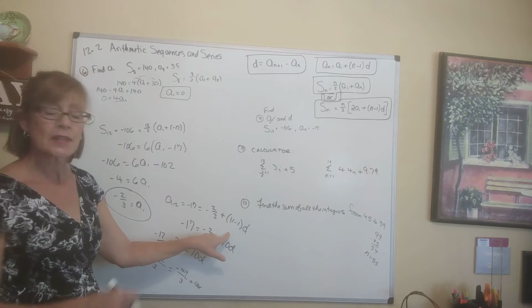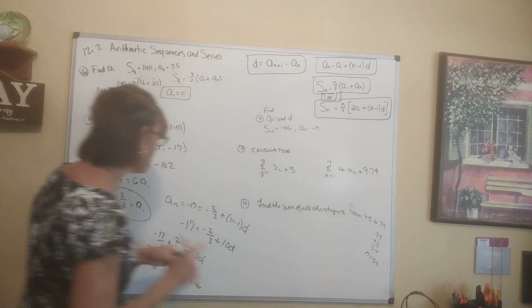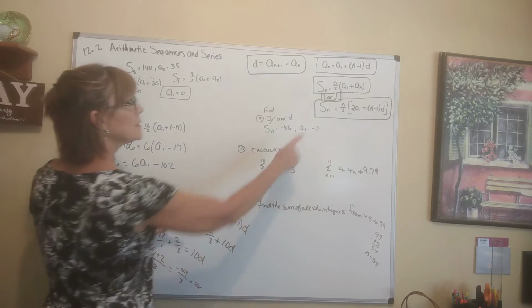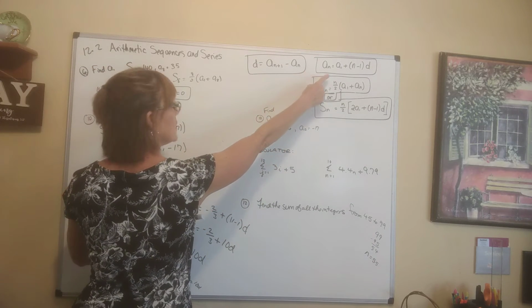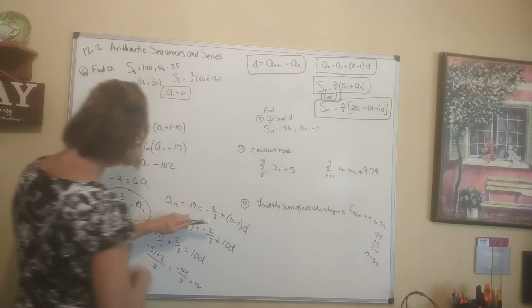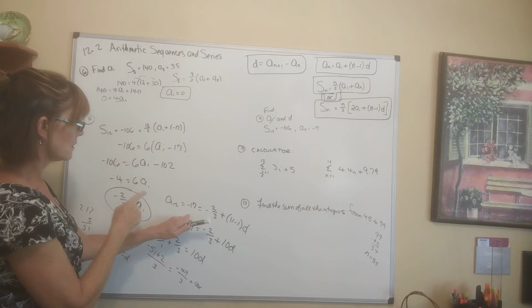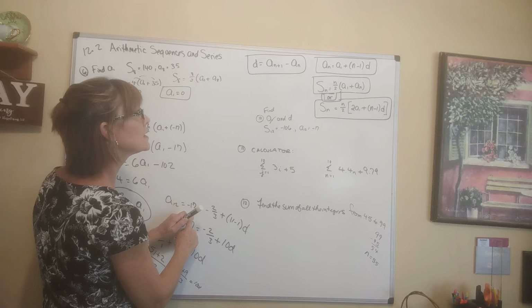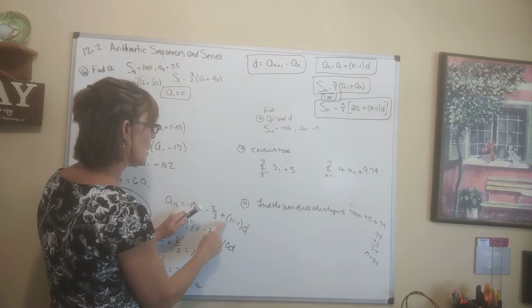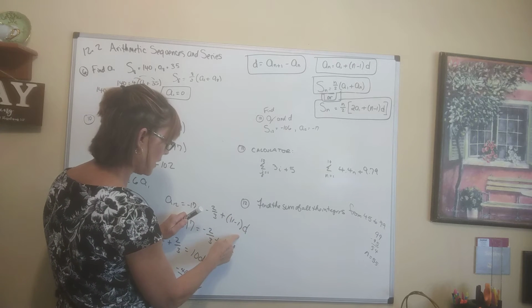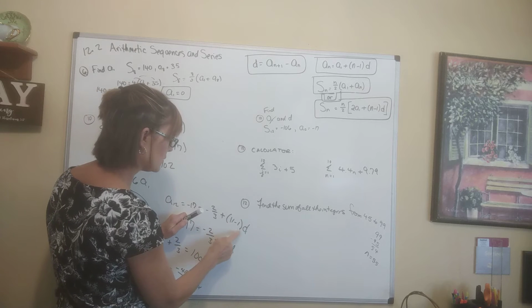Oh, here's my mistake. All right, right here. a sub n is equal to a sub 1. All right, a sub n, which is negative 17, is equal to a sub 1, negative 2/3, plus n minus 1 times d. n was 12, minus 1 would make that 11.